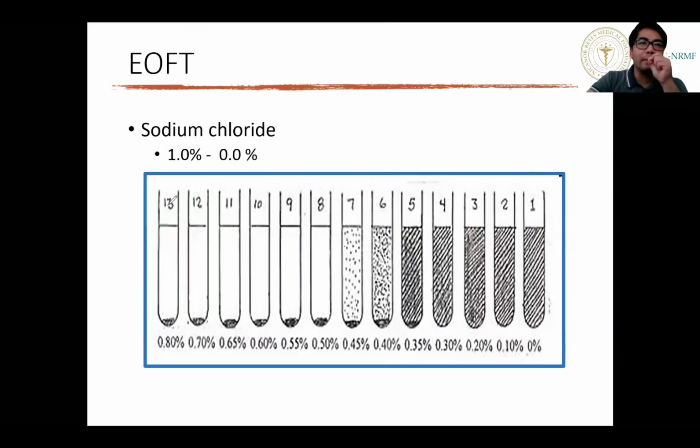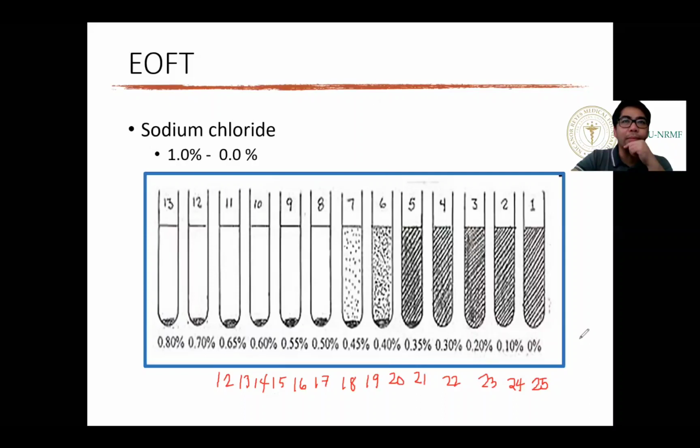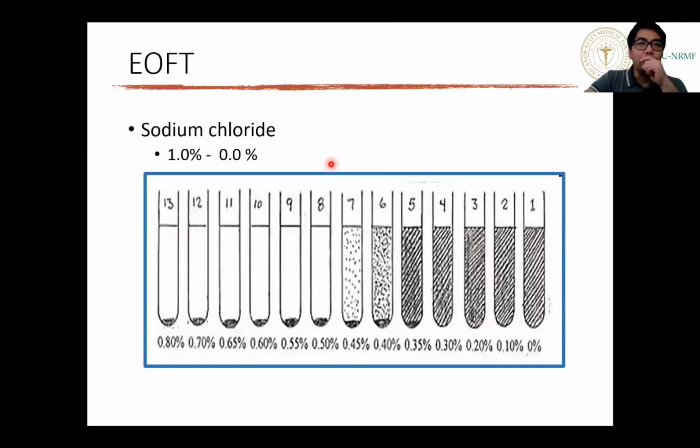Number them from 25 down to 12. Let me repeat: you will be preparing test tubes from number 25 to 12.